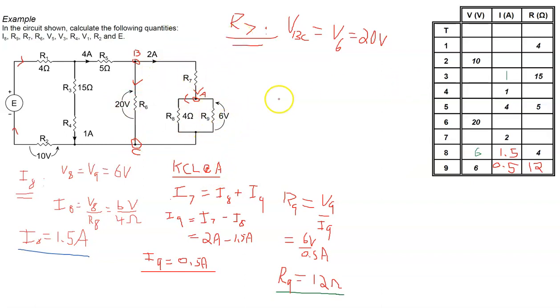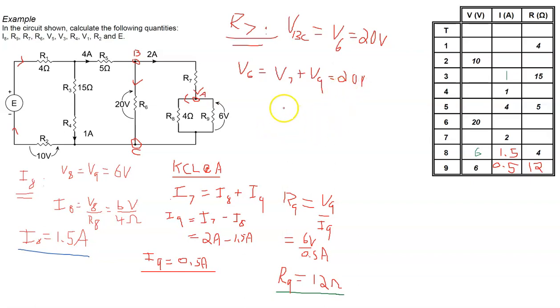And so KVL between B and C tells us that V6 is equal to V7 plus, and call this V8 or V9 because it doesn't matter, they're both the same. V9 equals 20 volts.